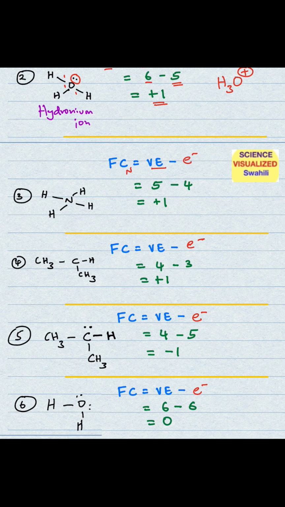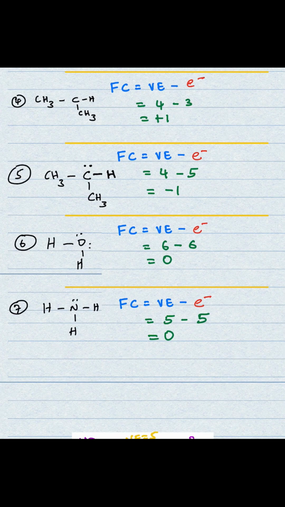The number of valence electrons for nitrogen is 5, minus the number of electrons around this nitrogen. It doesn't have any electron pair, but it has 4 bonds. For each bond, you have 1 electron for nitrogen, a total of 4 electrons, so 5 minus 4 gives you plus 1, and that is an ammonium ion. It has a charge of plus 1.